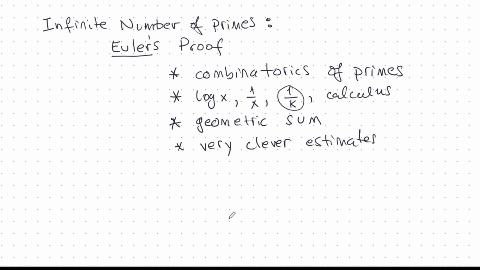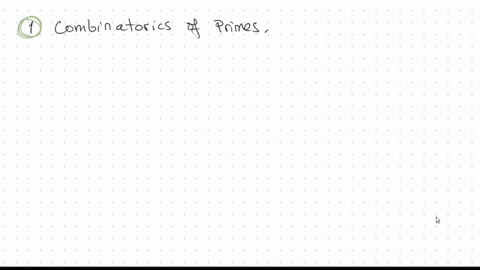We will start with combinatorics. Suppose we have just two primes, 3 and 5, and we want to construct all these combinations like 3 power a times 5 power b, let's say. So for example, 3 power 1 times 5 squared, 3 power 0 times 5 cubed, and so on.